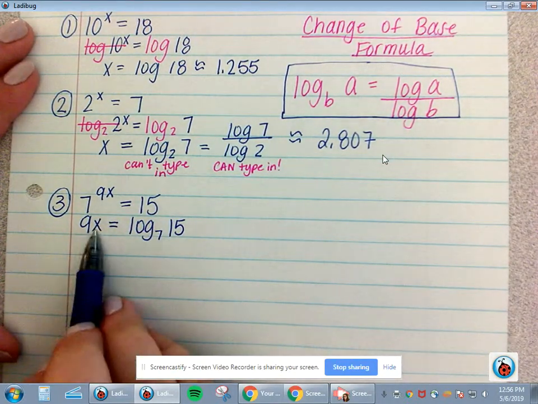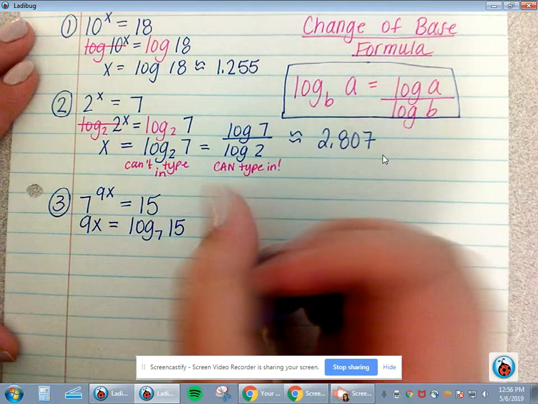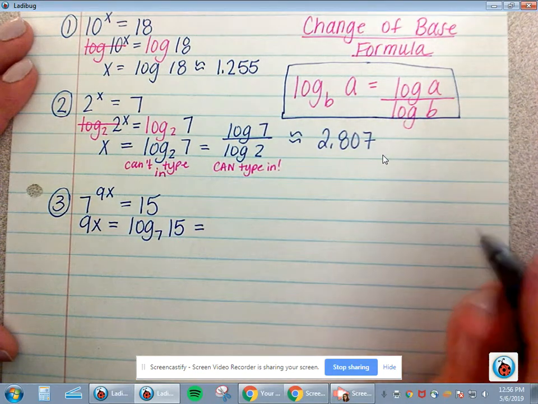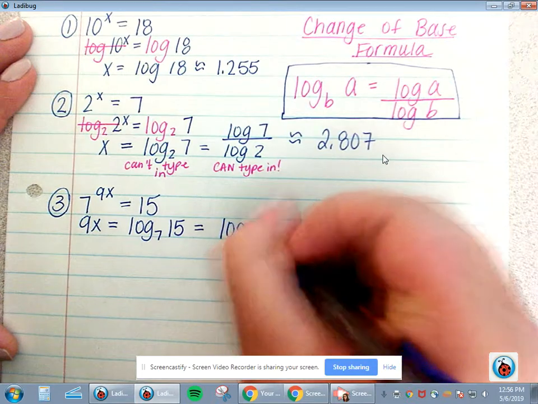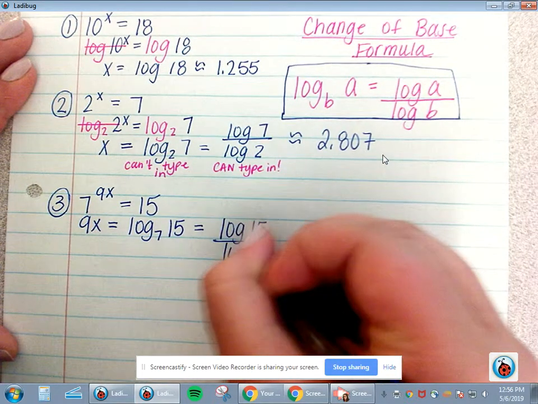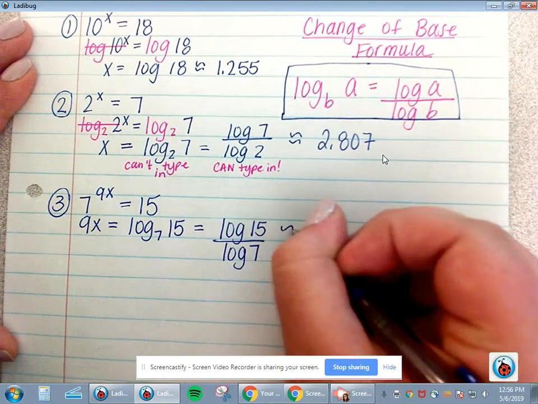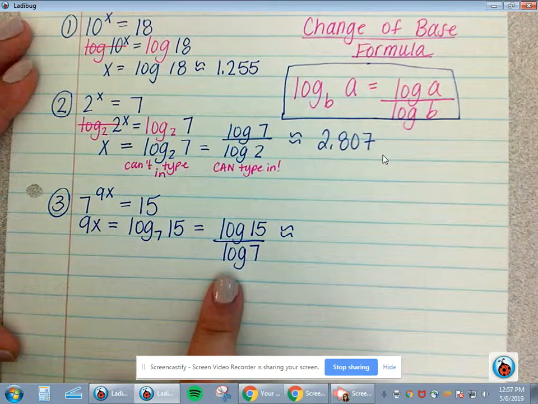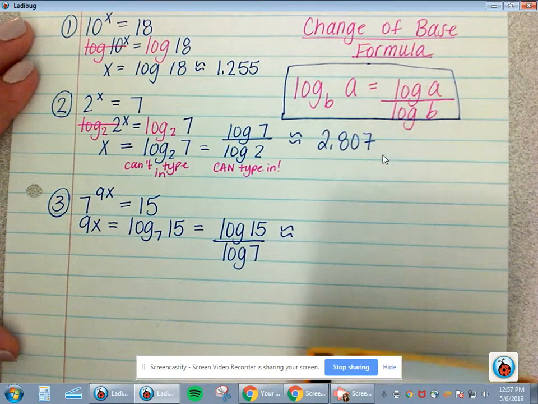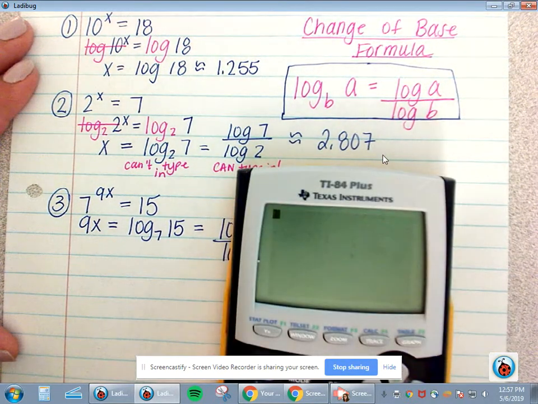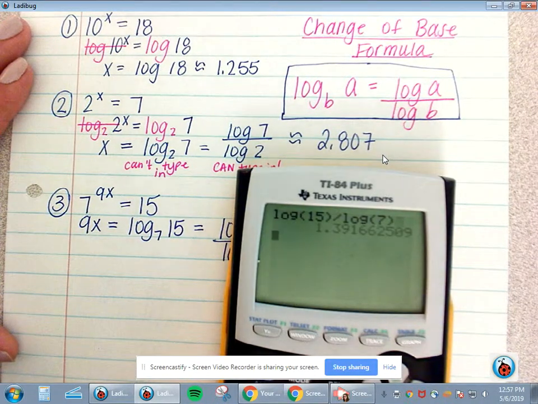Now, I still need to divide by 9, but I'm going to mess with this guy first. I'm going to write it as log 15 over log 7, and I'm going to simplify this piece out before I divide by 9. So log 15 over log 7 is approximately 1.392.